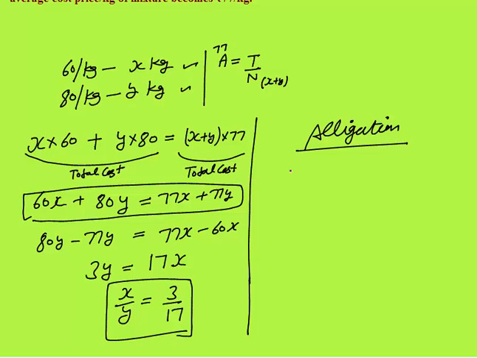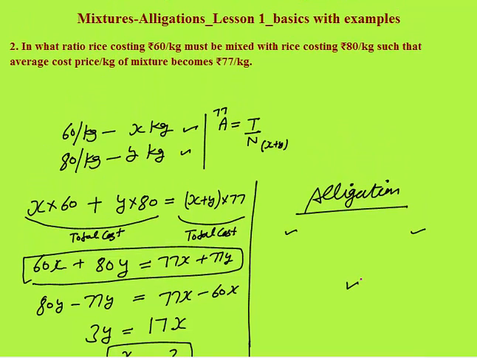In this, we write three things: first, second, and third. On the first top, we write what we need to mix. We need to mix 60 per kg rice with 80 per kg rice. Here in the center I will write the average cost.